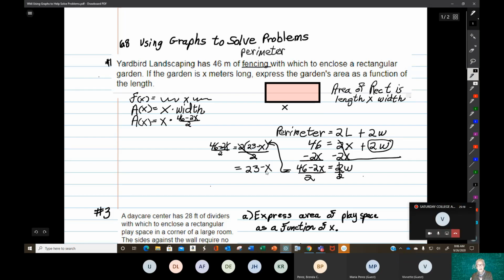Now this is a much simpler problem now. We're going to have A of x equals x times 23 minus x, which will be 23x minus x squared.